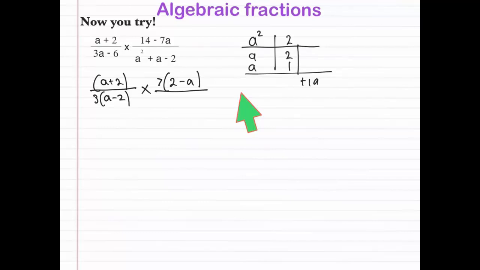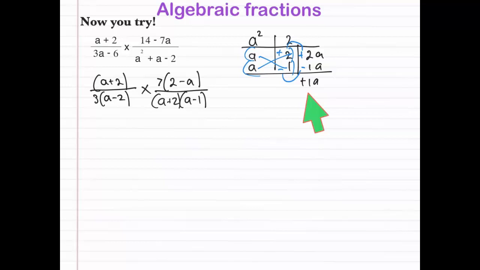And let's just close the box off. A times 2 will be 2a, and a times 1 will be 1a. Now, how can a 2a and a 1a give me a 1a? If this is a plus and this is a minus, carry over that plus, carry over that minus, put those two in brackets and those two in brackets. So I am left with a plus 2 and a minus 1.